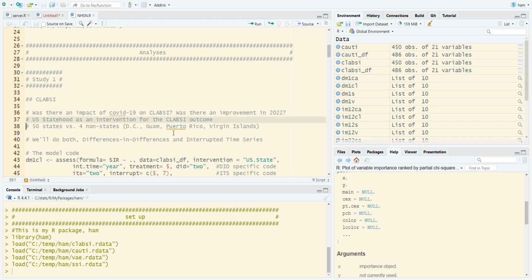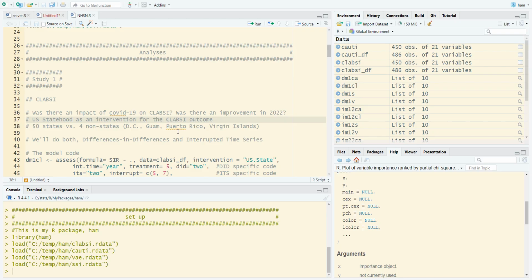In the study, the variable or predictor of U.S. statehood is an intervention, or we're going to call it an intervention. Is there something unique to these 50 states that may have impacted CLABSI differently for the U.S. states versus the non-states?